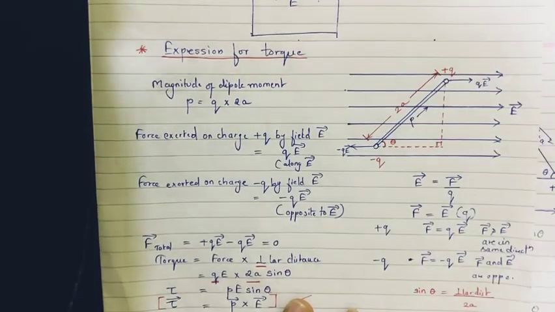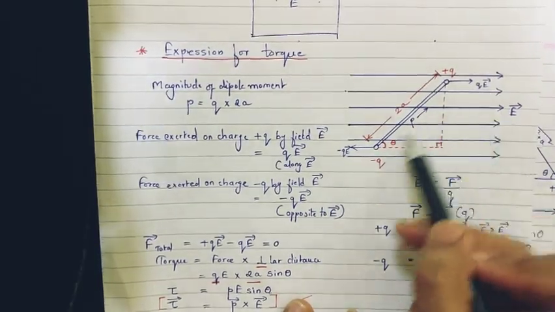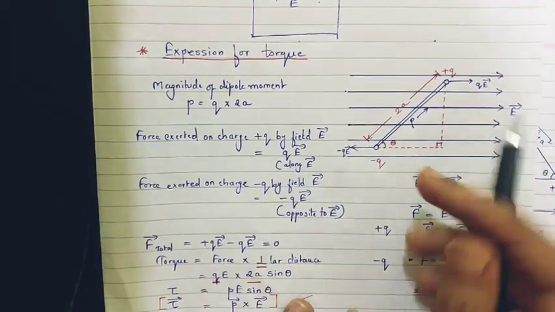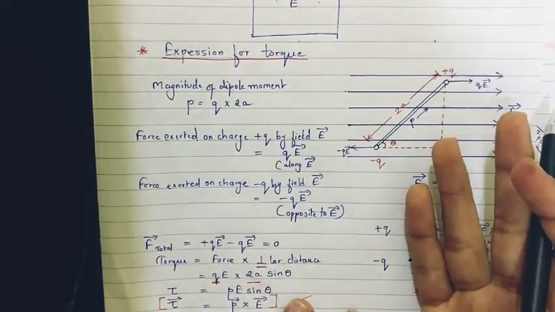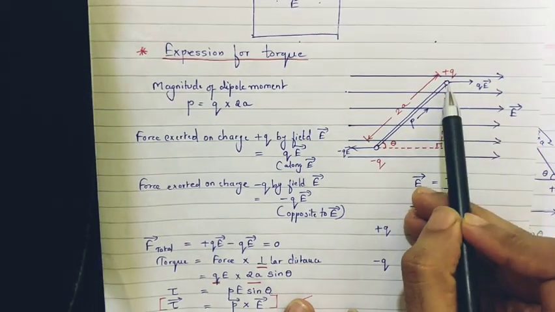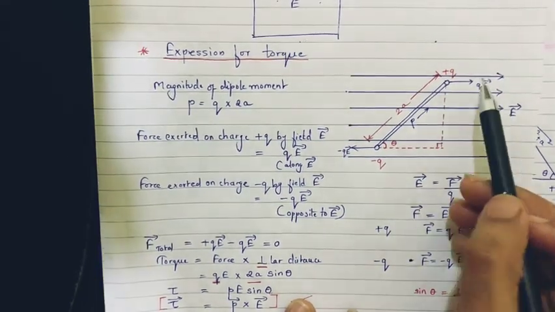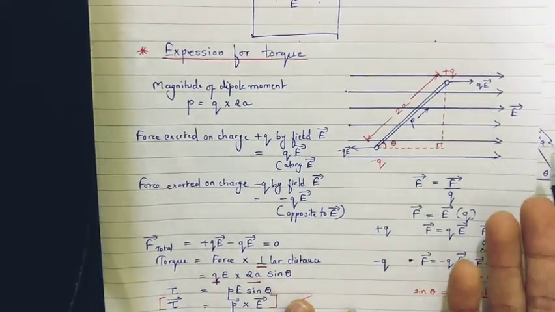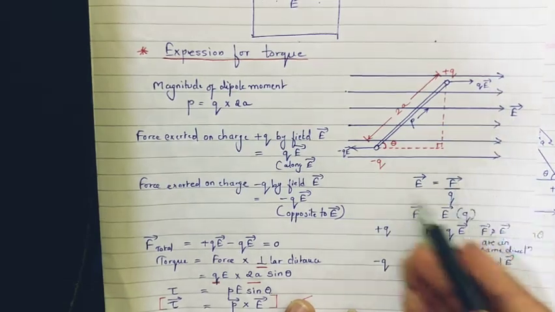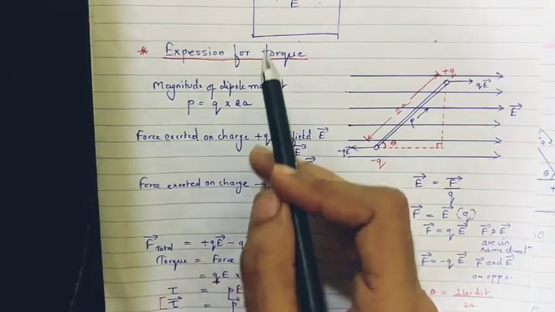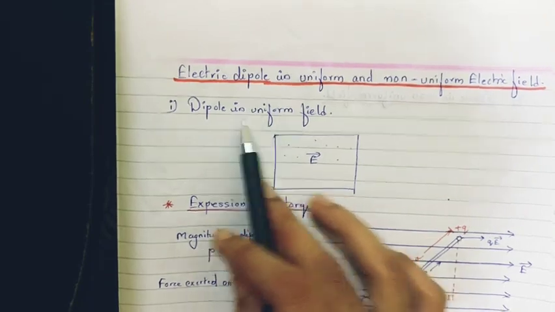The direction was opposite, obviously, but the magnitude was the same, because Q and Q were the same and E and E were the same, as it was a uniform field.